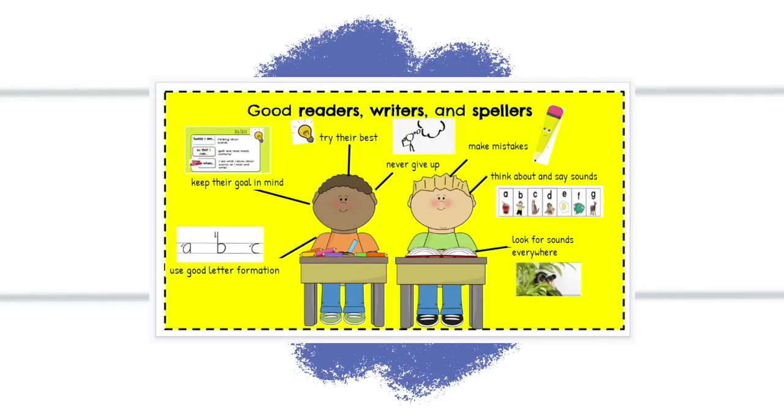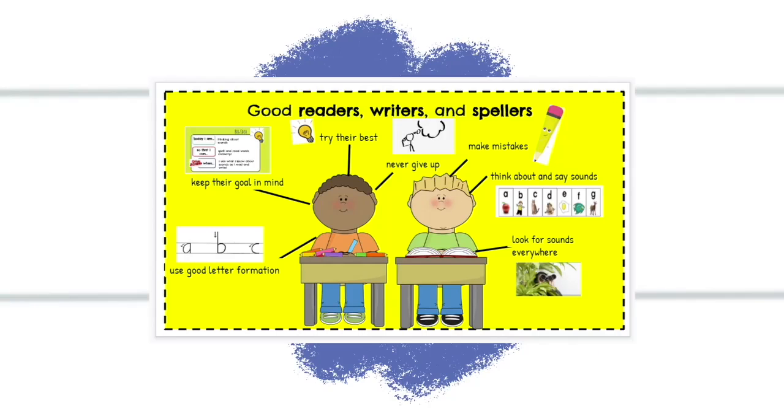So friends, our goal today is to think about the sounds so that we can spell and read words correctly, okay? And our goal will be achieved when we use what we know about those sounds to read and write. Okay, so that symbol that you see on the goal, the light bulb symbol, big idea.